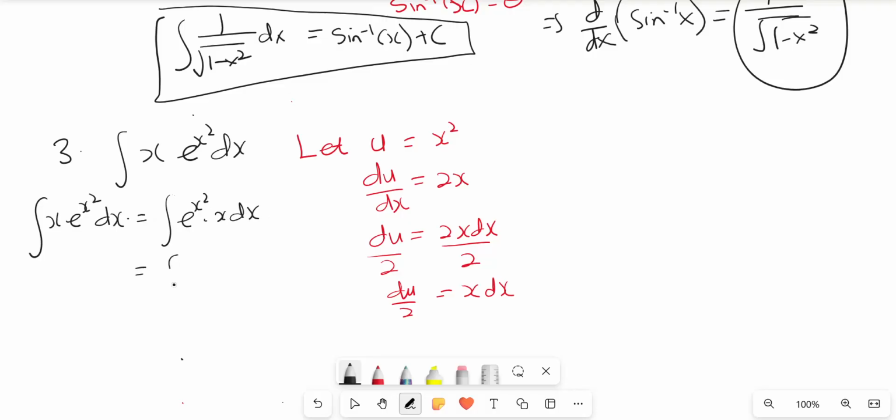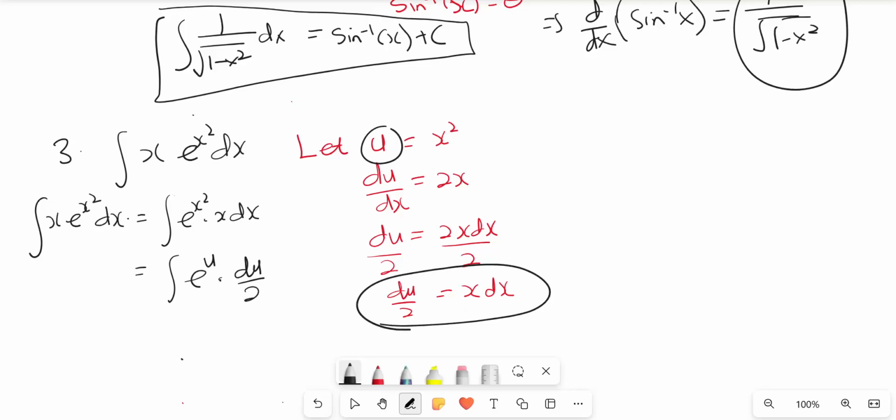This becomes the integral of e to the x squared, where x squared is u from our u sub, so we just plug in u, times x dx. x dx is du over 2, and everything simplifies out nicely. 1/2 is a constant, has nothing to do with u, so it comes in front. The integral of e to the u du is an exponential function, and the integral of e to the u is just e to the u, nothing changes. So that is 1/2 e to the u plus c, and you are done.